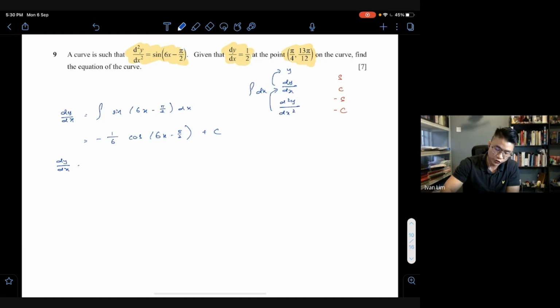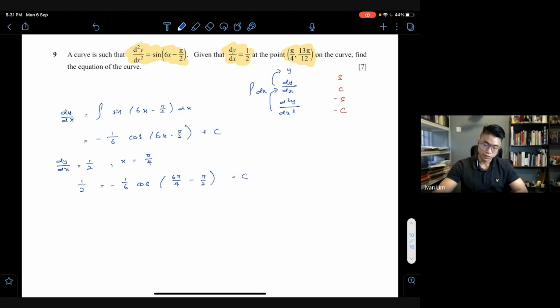Then dy over dx, they give us dy over dx equals to 1 over 2, and x equals to pi over 4. We got to sub it into this equation. So dy over dx, now we use 1 over 2, negative 1 over 6 cos, we replace the x with pi over 4, so you'll get 6 pi over 4 minus pi over 2 plus c.